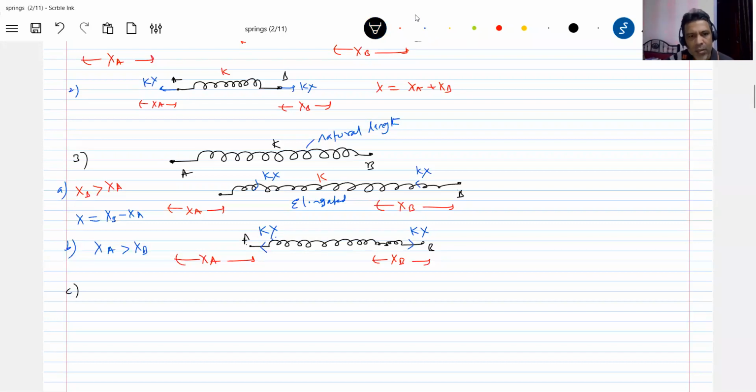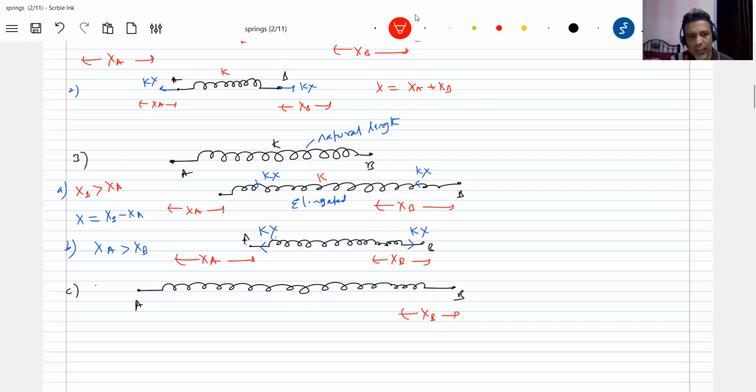If xb equal to... I think this will be quite easy to assess. And how is the displacement? The displacement at both the ends is away from each other.